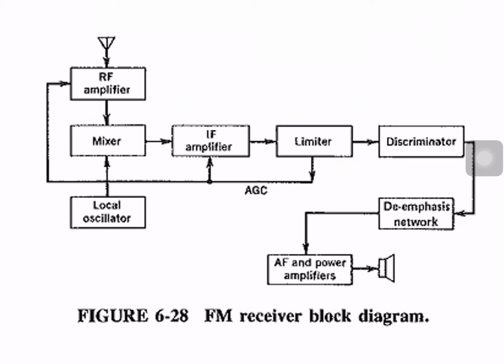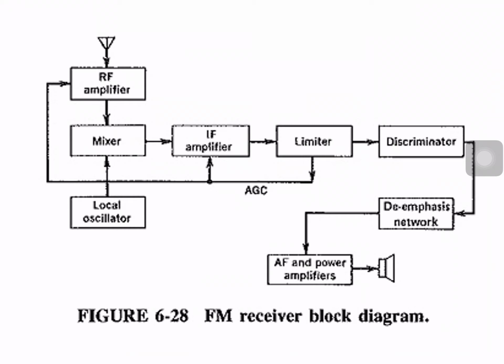Here you can see the antenna is shown at the top of the diagram, and the arrow is denoted downwards. This arrow shows that the signal was received by the antenna, and then it is fed to the next block, which is the RF amplifier.